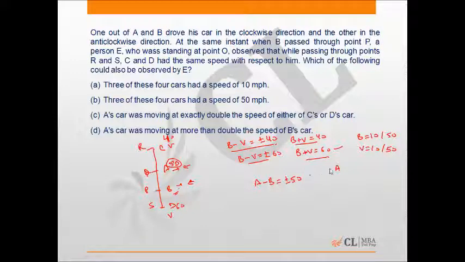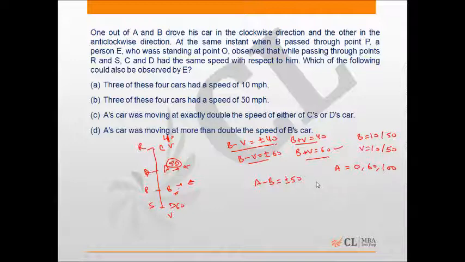Okay. So depending on the value of B, if you take 50 and 50, A can be 0. If you take B as 10, A can be 60. If you take B as 50, A can also be 100. Right, so there are three possibilities. The fourth possibility, minus 40, is not possible. So A is either 0, 60 or 100. Right, so these are the possibilities.